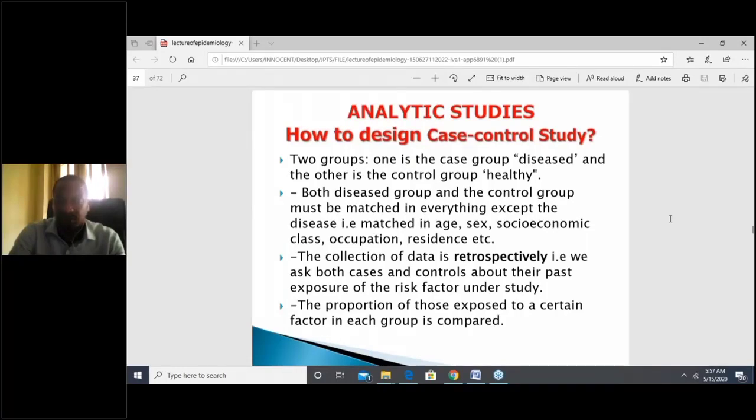Then discuss the cohorts, discuss and analyze the case and control selections.